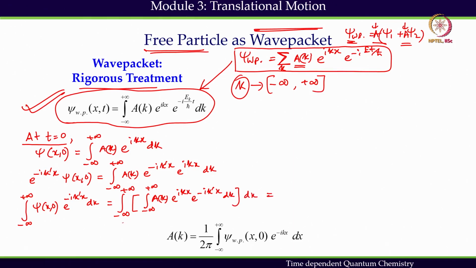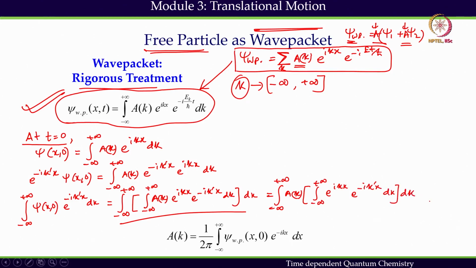I can rearrange this integrand in the following way: integral of a k, then integral from minus infinity to plus infinity of e to the power i k x e to the power minus i k dash x dx, then dk. I can do that because this integration is over x and this integration is over k.